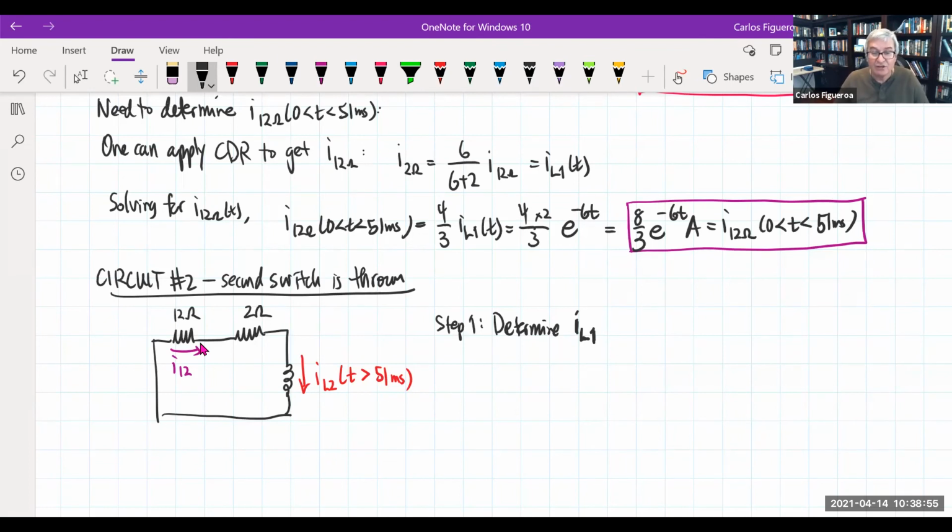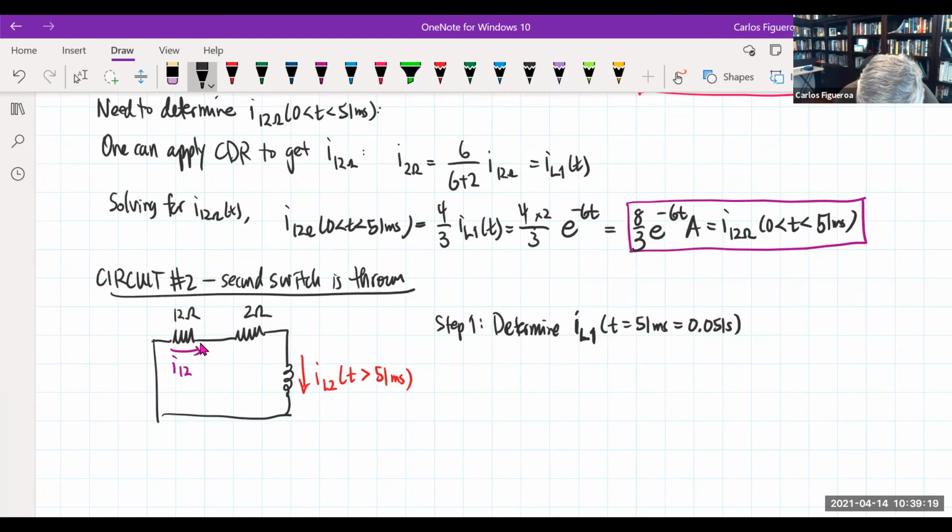And that's that current at what time? At t equals 51 milliseconds, or I think I'm going to stop writing 51 milliseconds and I'll go 0.051 seconds. That's the initial condition for that interval. That's what it was.